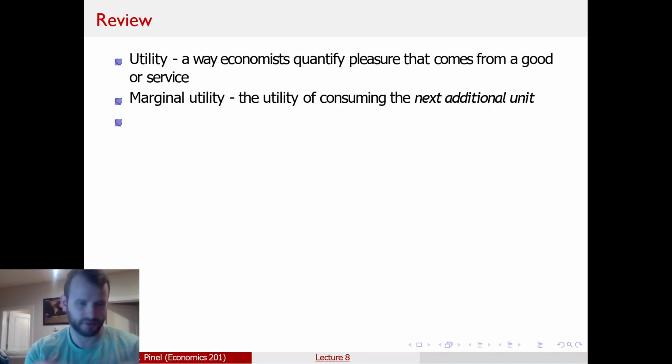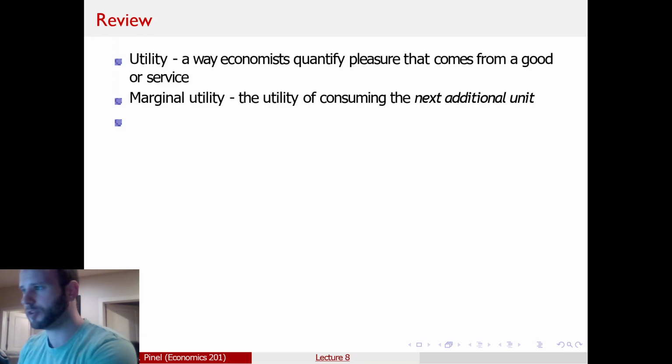Like I said, 2 is just a random number. The second beer gives you a utility of 1. Or rather, one beer gives you a utility of 2, 2 beers gives you a total utility of 3, and 3 beers gives you a total utility of 3.5.